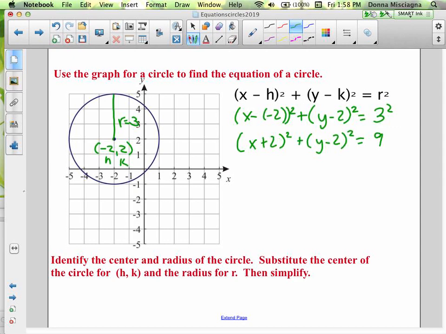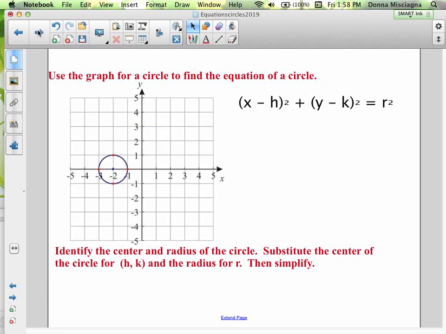We'll do 2 more. But you'll help me with the other 2. I did the first one. All right, so we want to use the graph of a circle to find the equation of the circle. So someone's going to identify the center, someone's going to identify the radius, and then someone's going to write the equation. So identifying the center is blue 2.